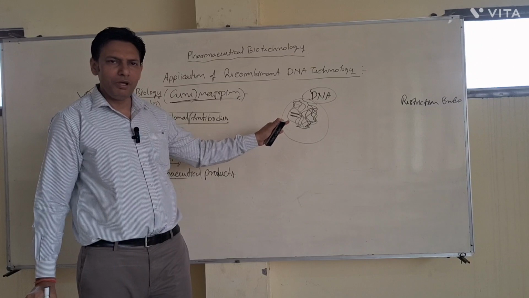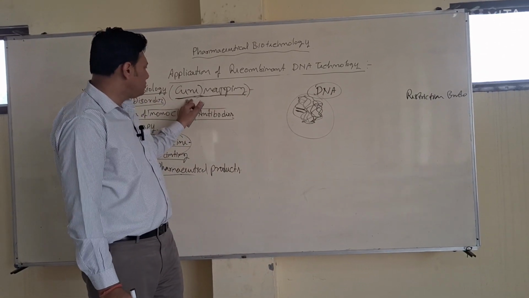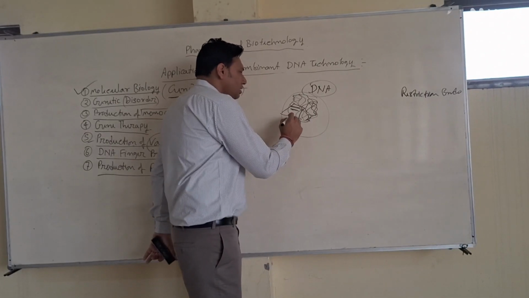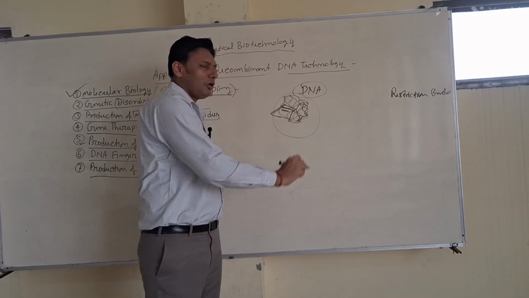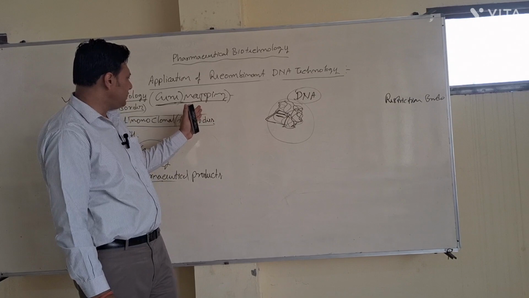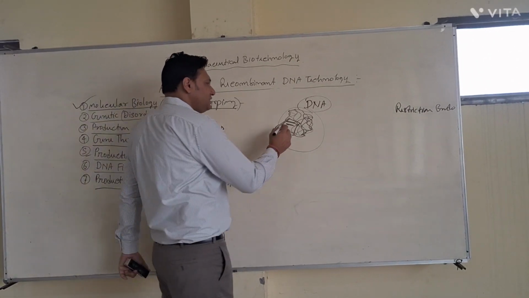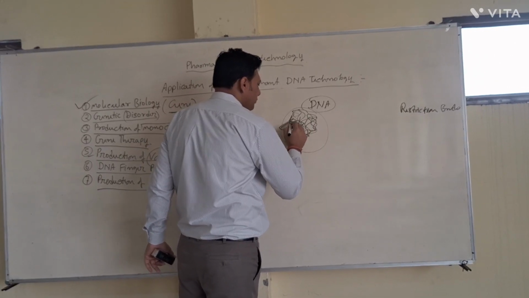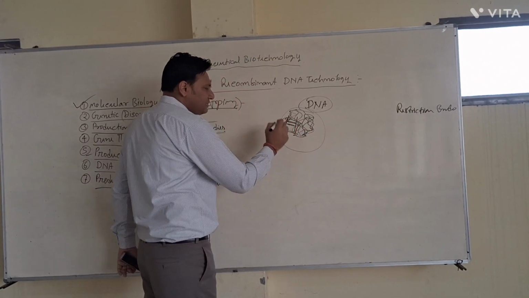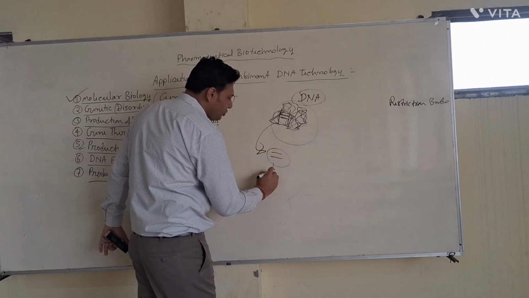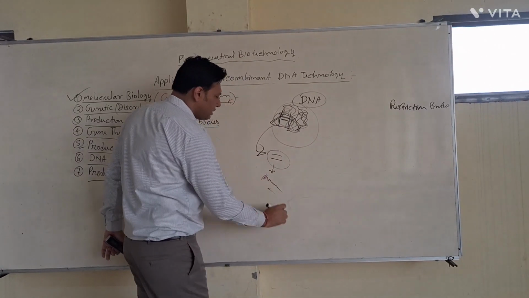But with the help of gene mapping, we can recognize this target gene. Where is the location of this target gene? We can recognize it, and with the help of restriction endonuclease, we can cut this gene and separate it, which is going to amplification.